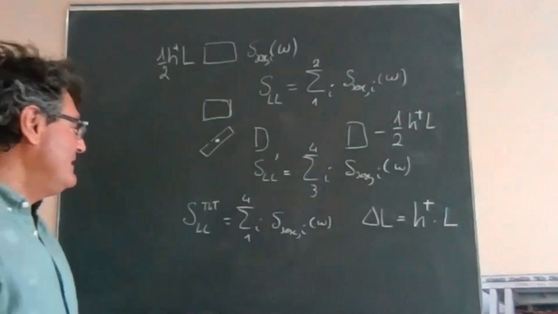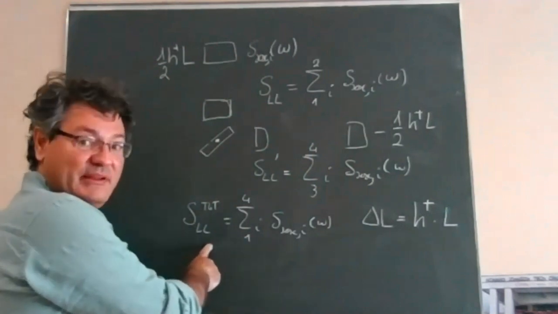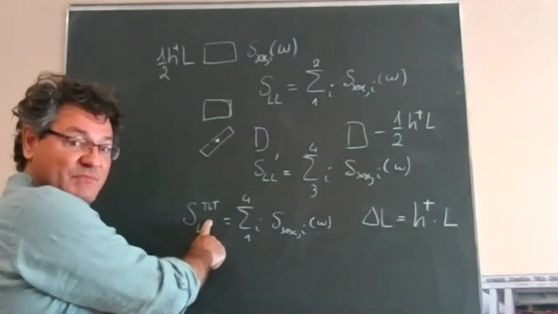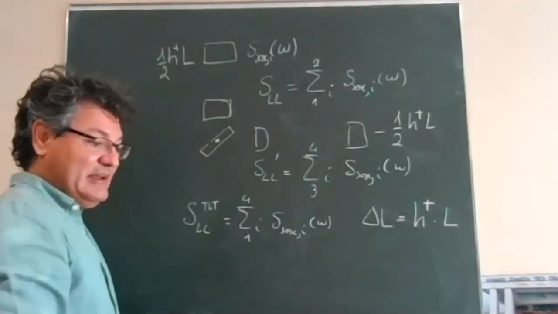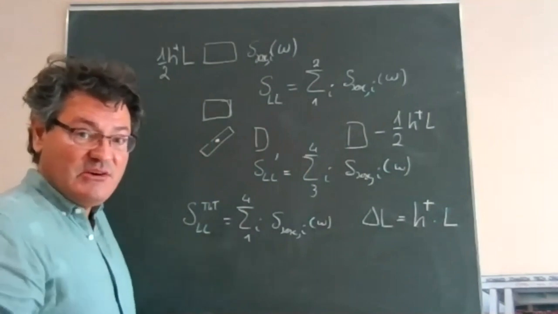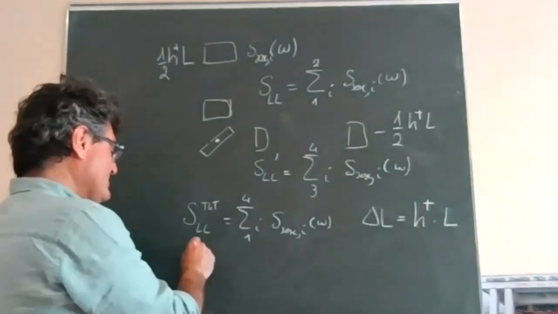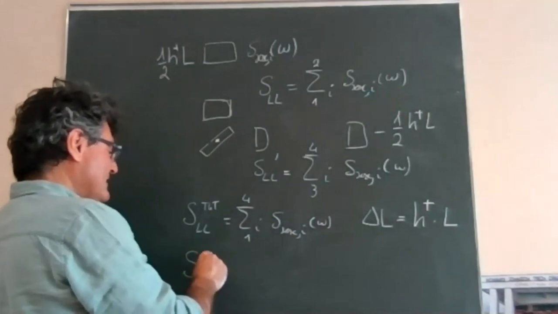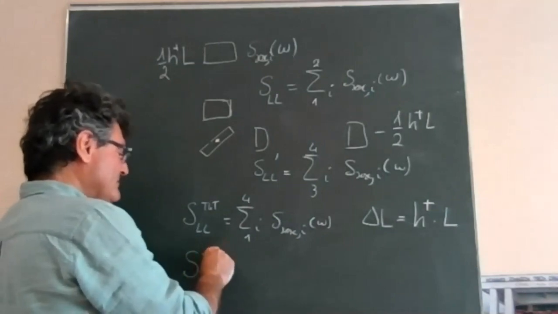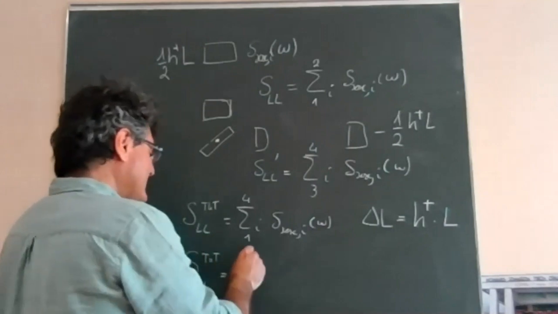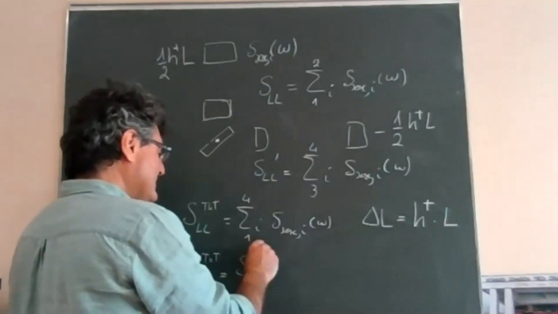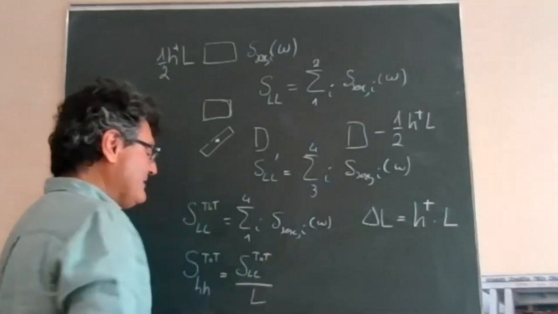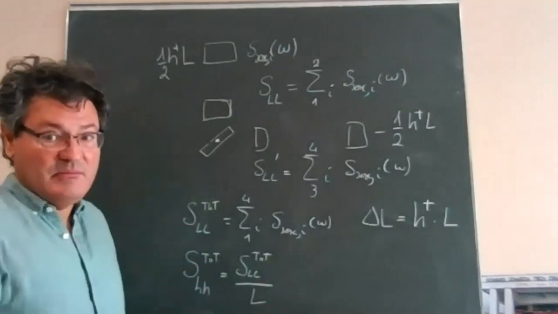Therefore, it will be really easy to convert this displacement noise into the equivalent noise on gravitational wave amplitude. S_h total is simply S_LL total divided by the square of the length of the arm.